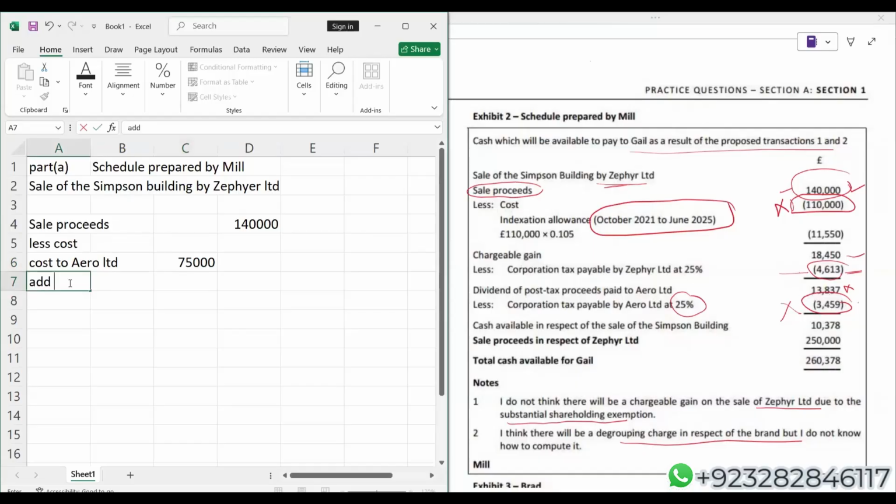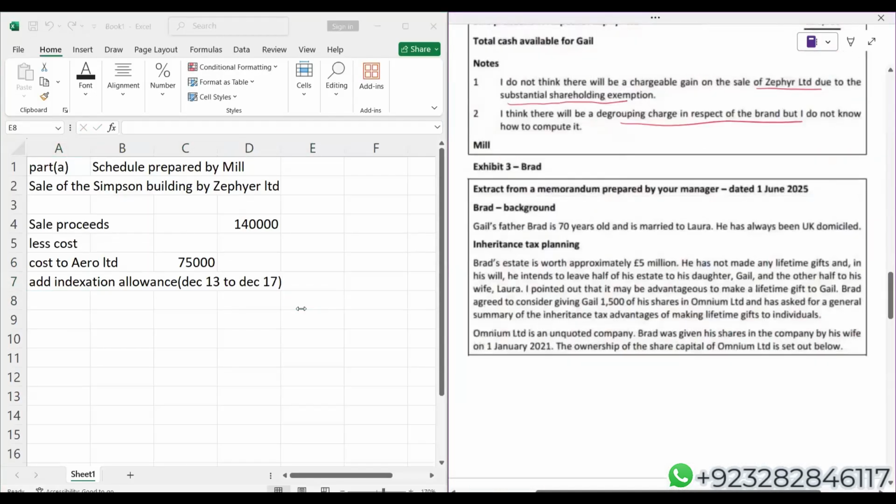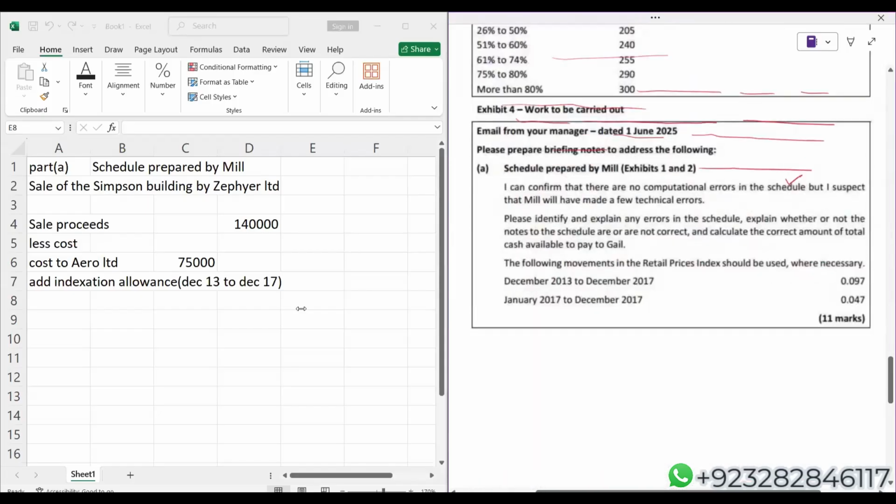Add indexation allowance. We have to mention to the examiner, from December 13 to December 17. But what is the allowance? Let's see. I think they have given us the indexation factor. It's here.